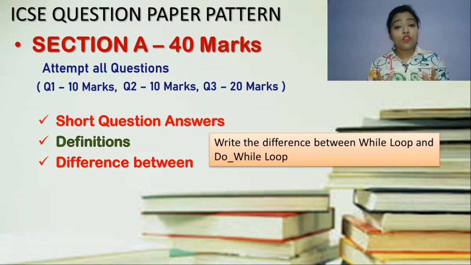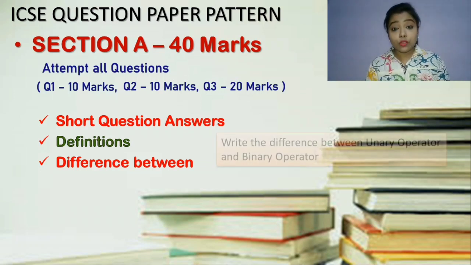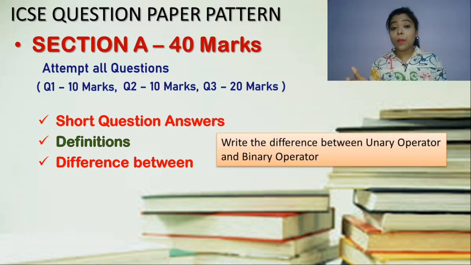You have to write minimum 2 points, and if there is any example you have to provide the example also. There can be other differences also, like difference between unary operator and binary operator, difference between class and object. So from maximum chapters you have to learn differences.